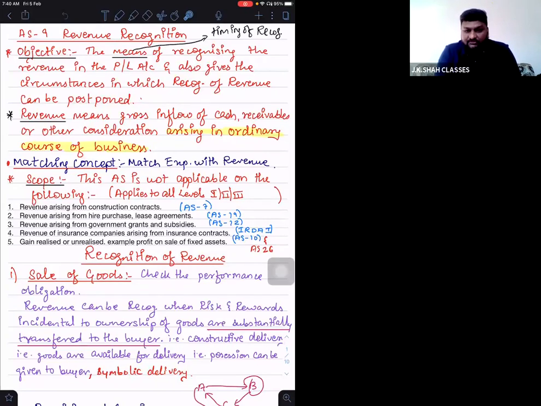He was using it for the first time, so he thought he was braking, but he accelerated and rammed into the wall. And a brand new Kia Carnival on the first day of delivery directly went to the garage on the first day itself. So technically, when the key of that Kia Carnival was given to him, the performance obligation was completed.